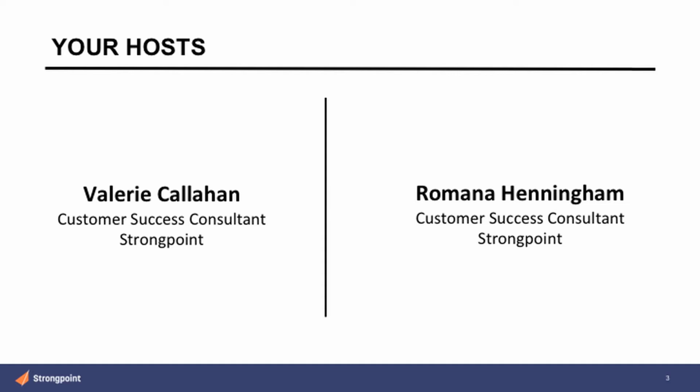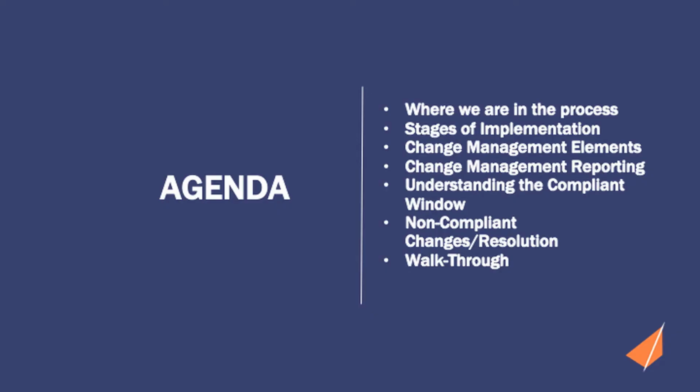Again, today we're going to be going through core change management. What does that look like in terms of the agenda of what we'll be covering? Where we are in the process. This is to give you a general idea of how our change management implementation processes go and the sessions we have with customers to assist them going live with the change management process.